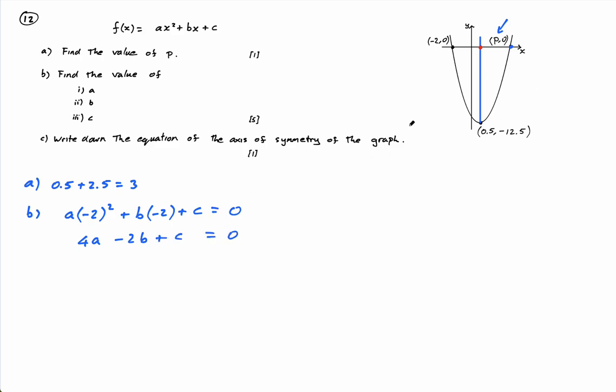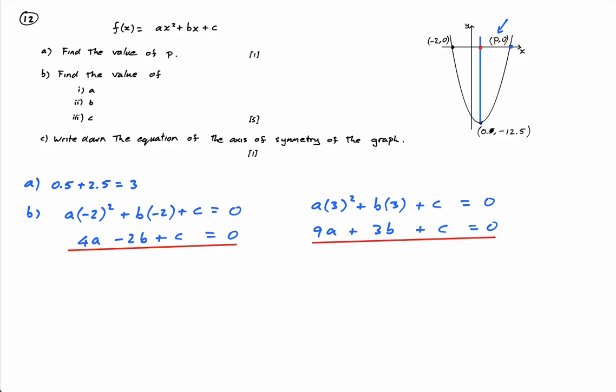That's my first equation. Second one, sub in what I have, p now, it's 3. So I have a times 3 squared plus b times 3 plus c, again, equals 0. That's 9a plus 3b plus c equals 0. Second equation.